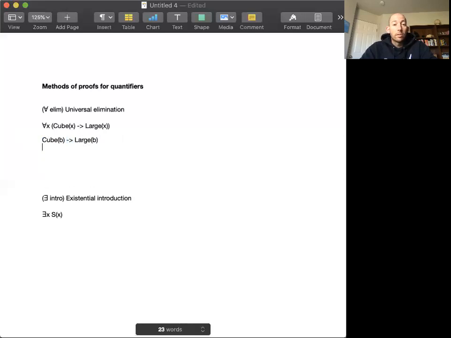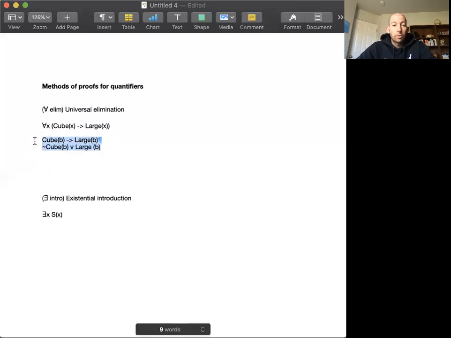This sentence would be equivalent to not Cube(b) or Large(b). So even if b is not a cube, let's say it's a dodecahedron, then this sentence would still be true of it, because either b is not a cube or b is large.